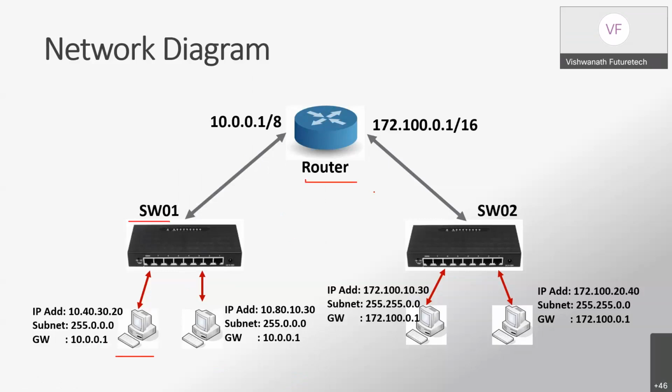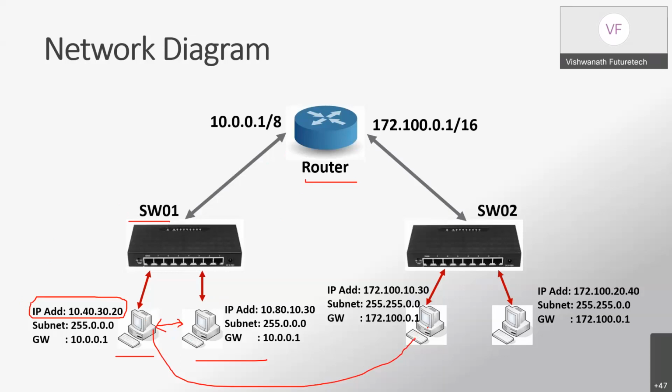The PC is the place where the data is generated, and it's the PC that receives the data. This is done with the help of an addressing technique called the IP address, so understanding IP address is very important. The switch connects two machines if they are in the same network, and the router connects two machines if they are in different networks.